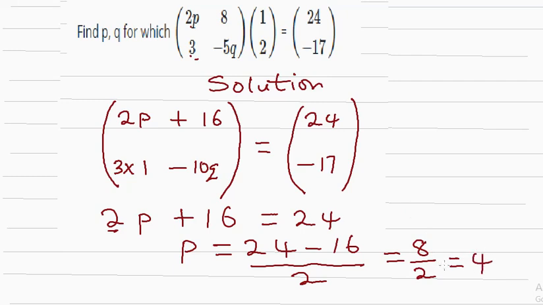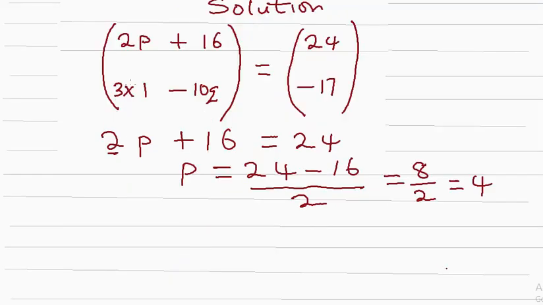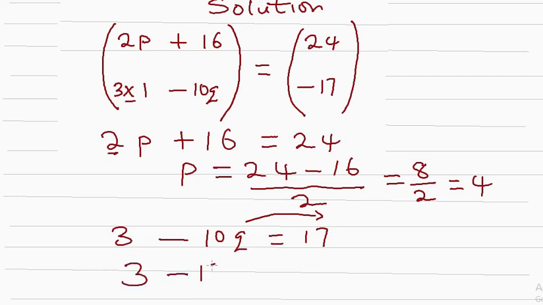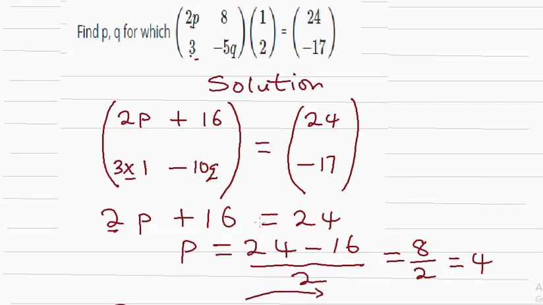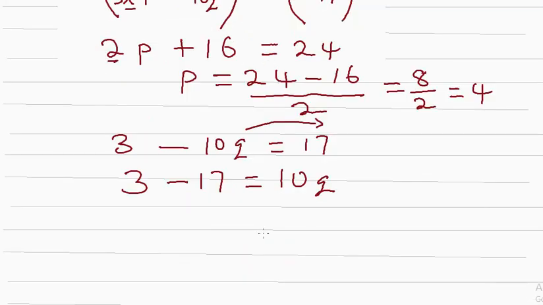Then let's solve for q. Solving for q, I have 3 minus 10q is equal to 17. If you arrange this equation, I can take the minus 10q to the other side. So 3 minus 17 is equal to 10q. 3 minus 17, what do we have?